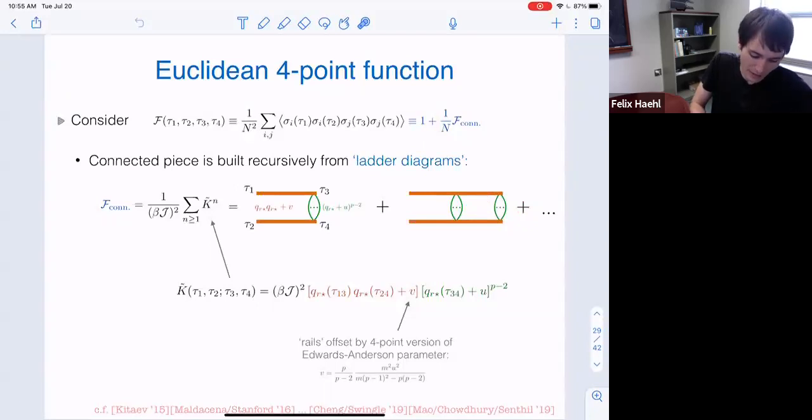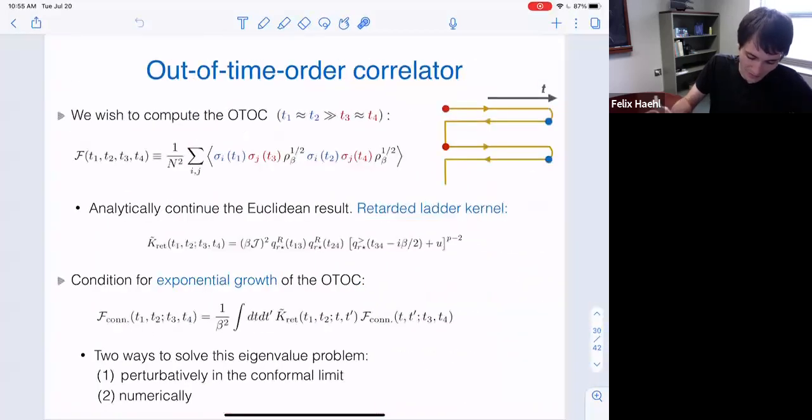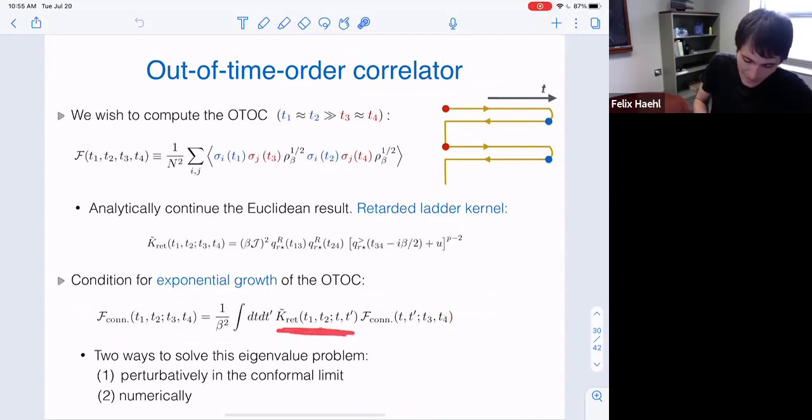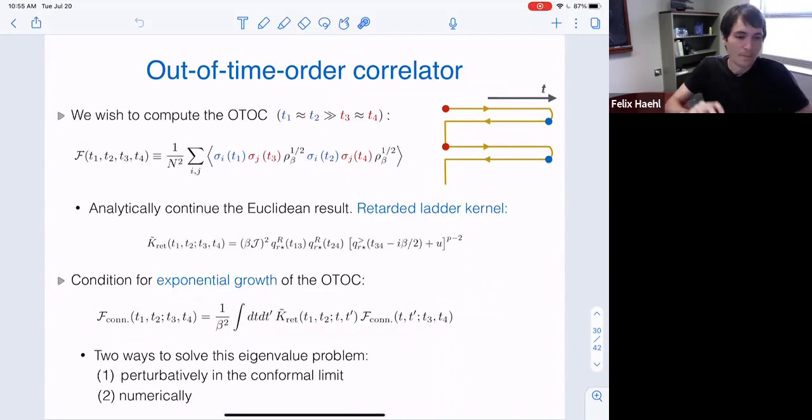Adding one more k to this geometric series gives you the same result. In other words, the 4-point function should be an eigenfunction of this ladder kernel with eigenvalue 1, where these integrals are like matrix multiplication. So you act with the ladder kernel on the connected 4-point function, and you get back the connected 4-point function.